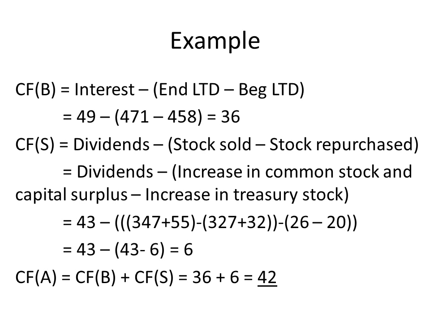Let's work through these calculations using the numbers from our sample balance sheet and income statement. Here we have the formula for cash flow to creditors, and we get the interest from the income statement. It's 49. And we get the ending long-term debt and beginning long-term debt from the balance sheet. In this case, the ending long-term debt is 471 and the beginning long-term debt is 458.